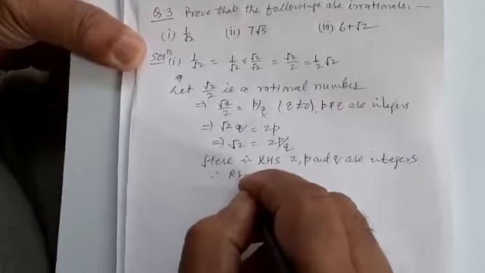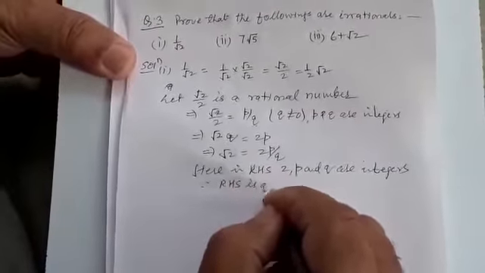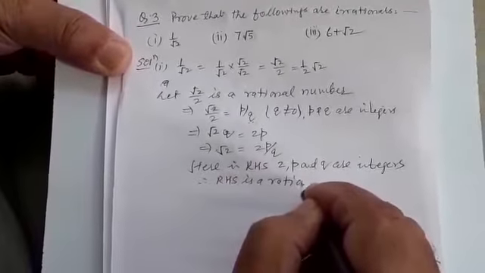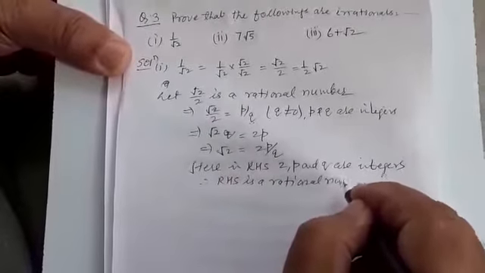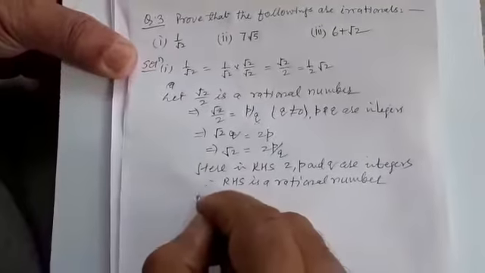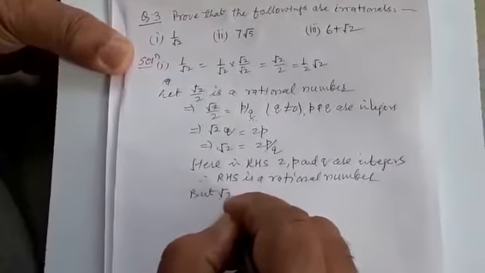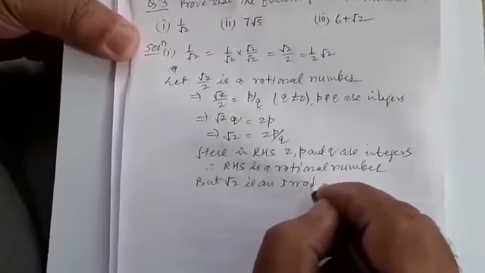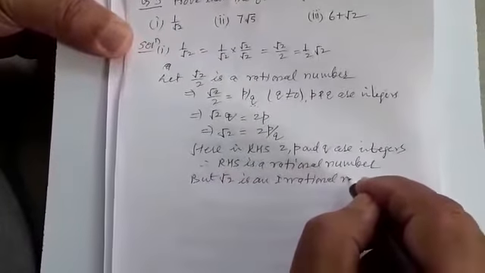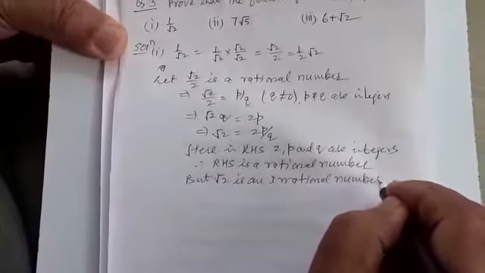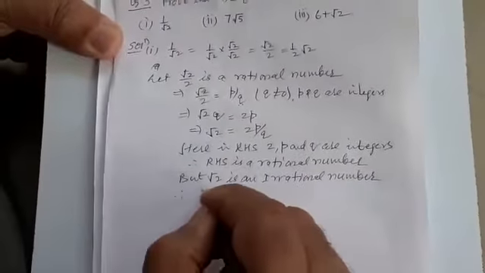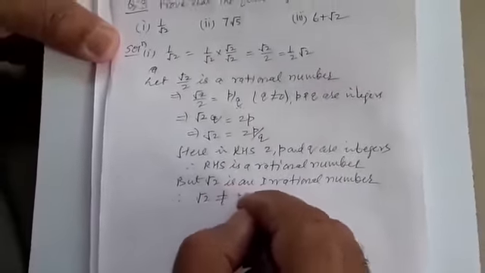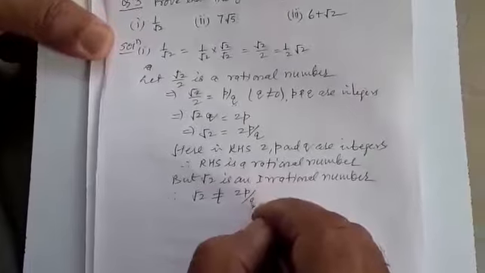Therefore RHS is a rational number. But root 2 is an irrational number. Therefore root 2 can never be equal to 2P by Q.